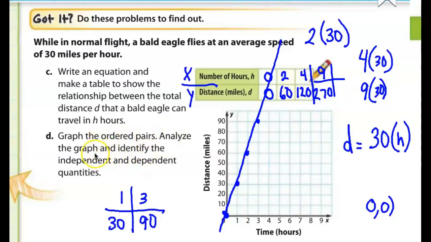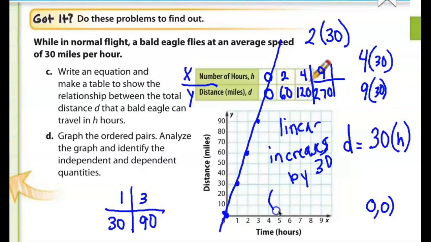So we graph the ordered pairs, we analyze the graph. So to analyze this, what sort of shape does it make? Linear. Also, it increases by 30 every time, which is another thing that's important for us to note.